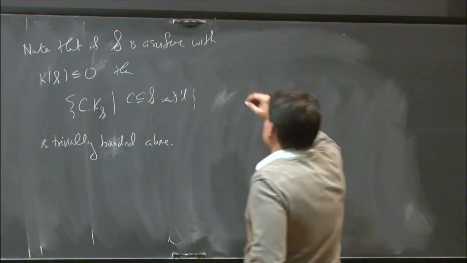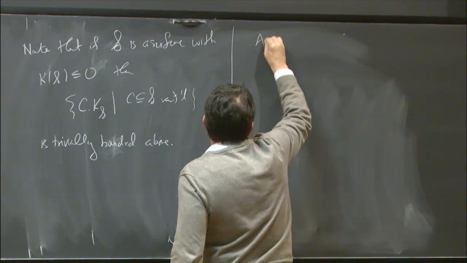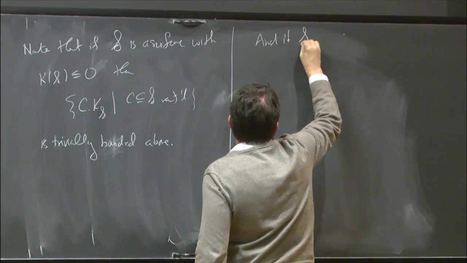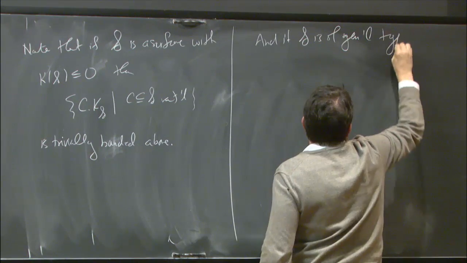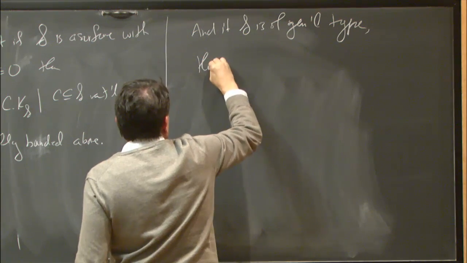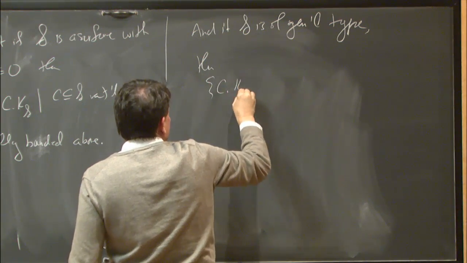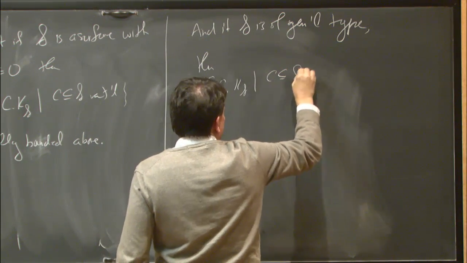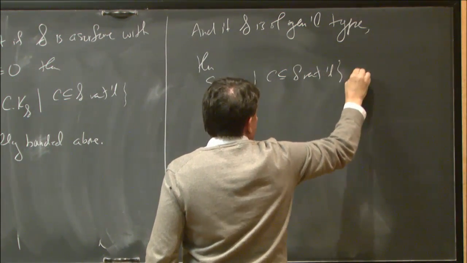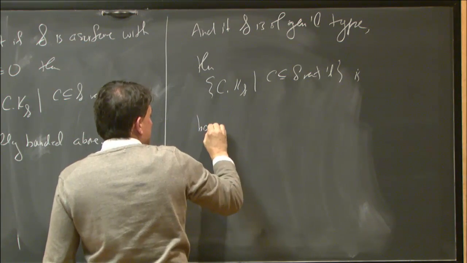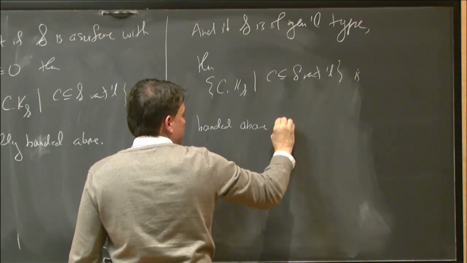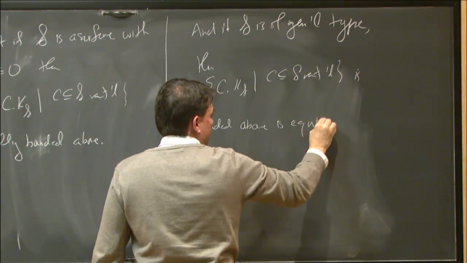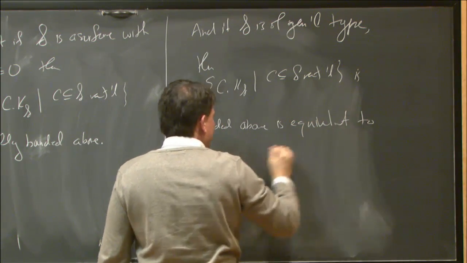And if S is of general type, then the statement that this set of numbers, C dot K_S, for C in S rational, is bounded above is equivalent to Lang's conjecture.